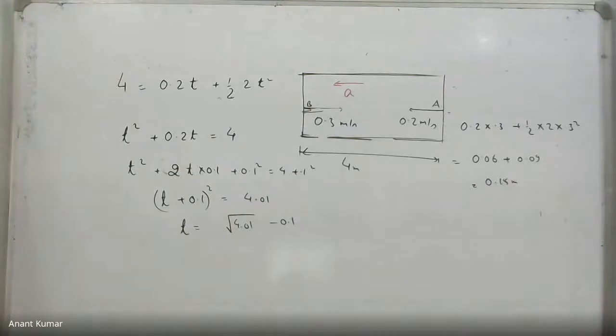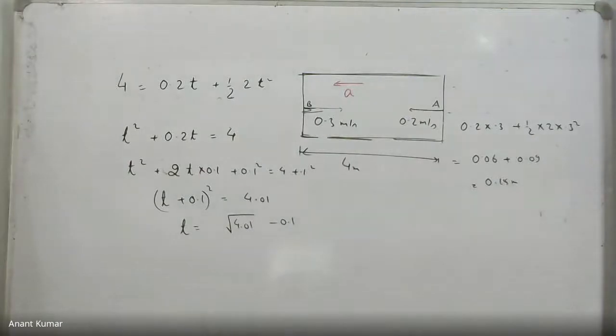Anyway, this is the time I'm going to get. I can just use a binomial approximation. We have 2 coming up, 1 plus 1 by 400, to the power half. Quite small actually. It will be roughly 2 seconds itself. Yeah.